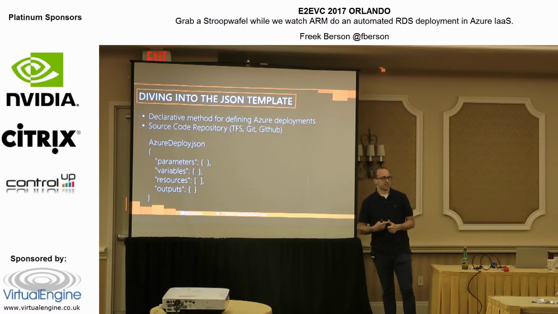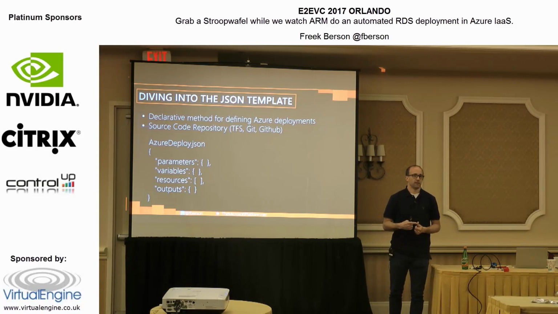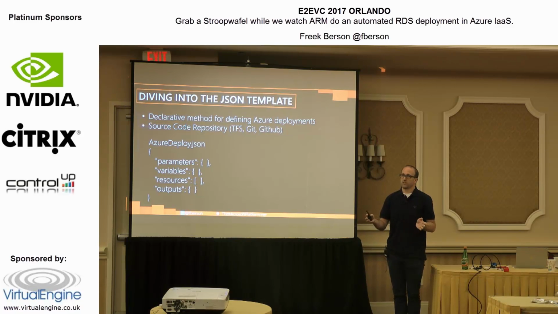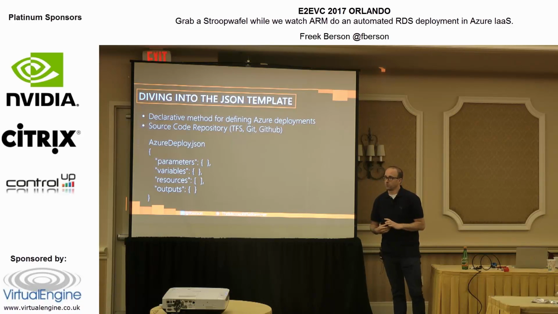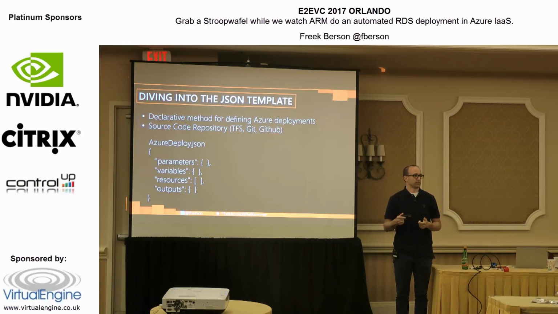There is the parameter section, which allows you to declare parameters that users can pass with the JSON file. Then there's the variable section, which allows you to concatenate certain values that you're reusing in your JSON template. The resources section contains the actual resources you want to create, so your load balancers, VMs, network adapters, etc. And then there's the output section, which basically allows you to output any values.